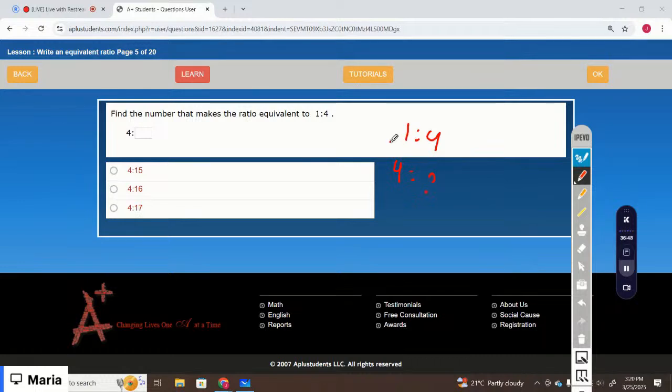That is 1 times 4 is 4 and 4 times 4 is 16.